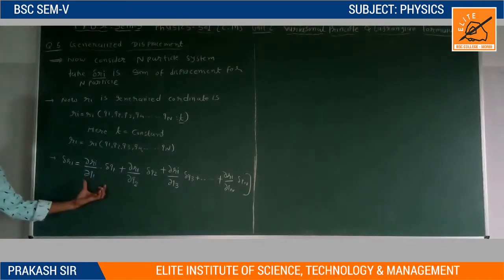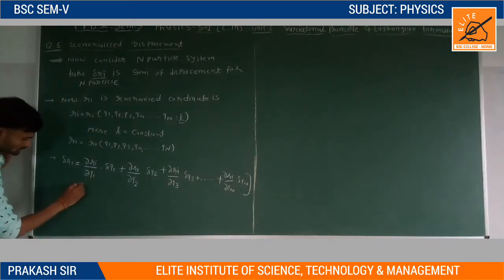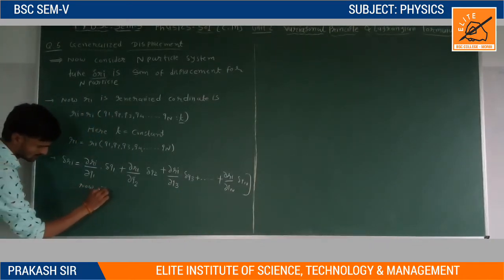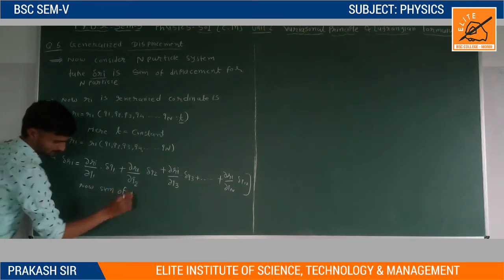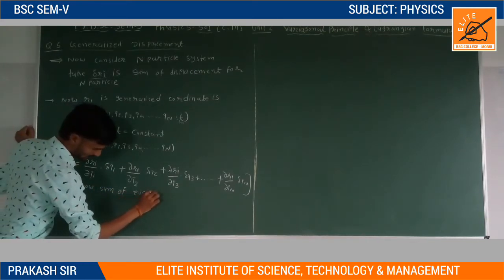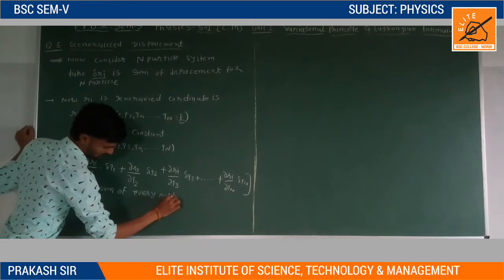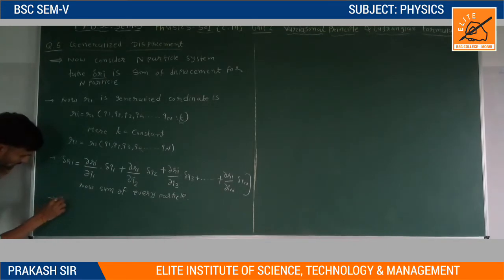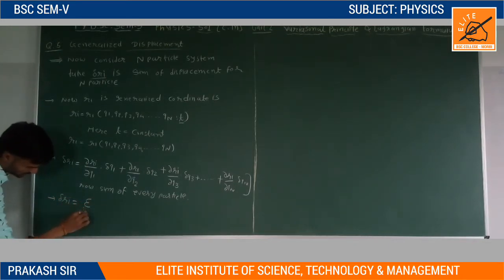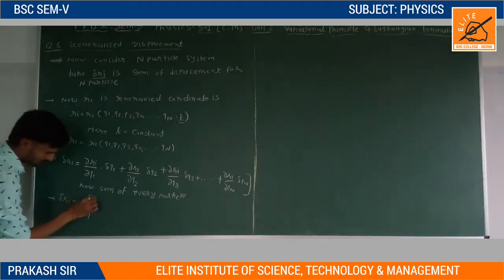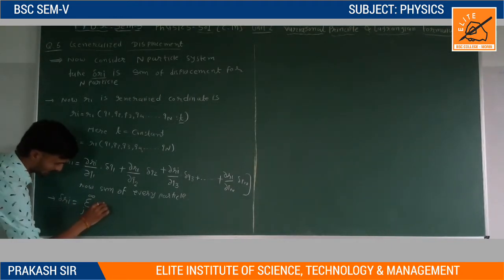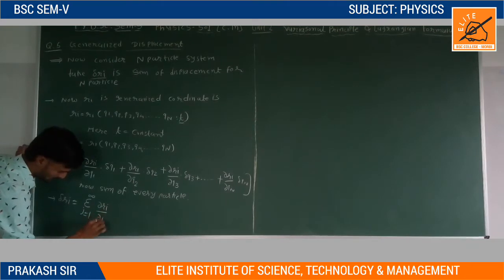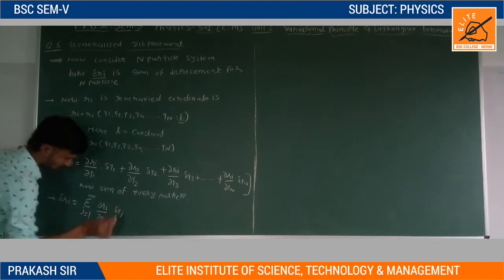Now take the sum over every particle. So del Ri is equal to the sum over j from 1 to n of del Ri upon del Qj into delta Qj.